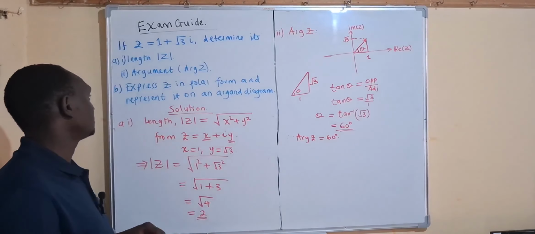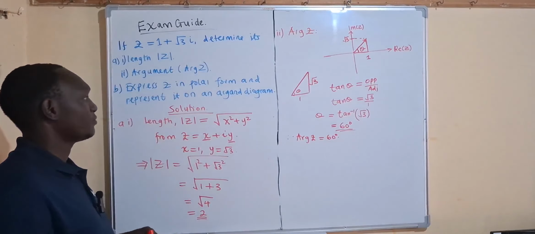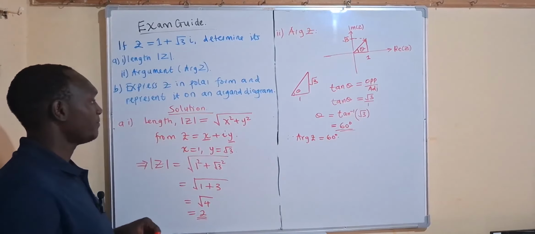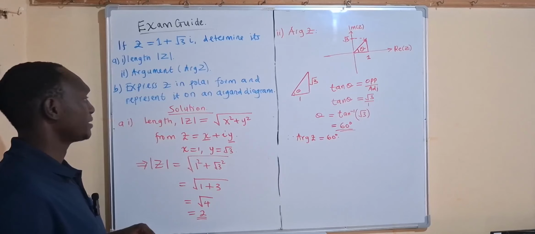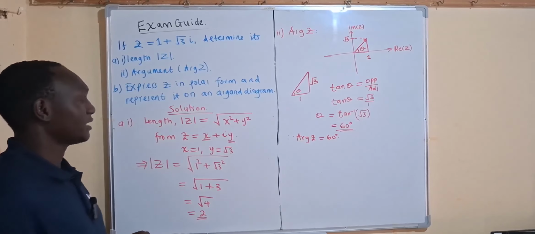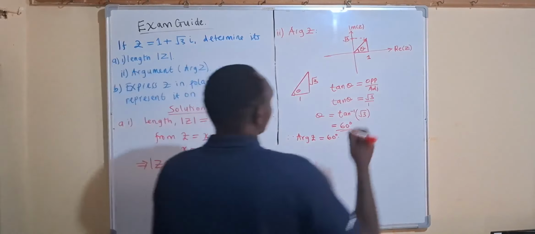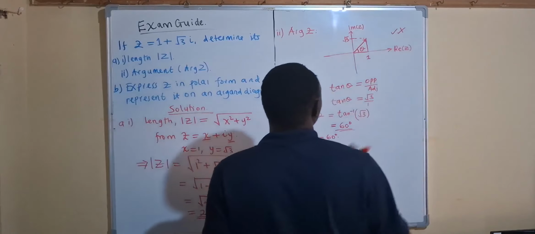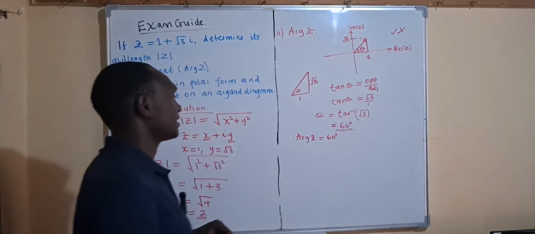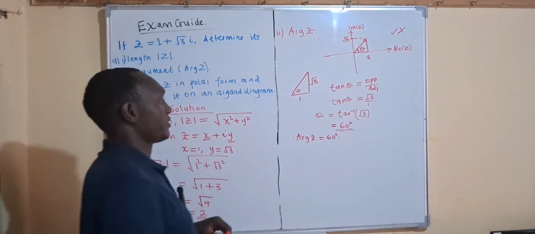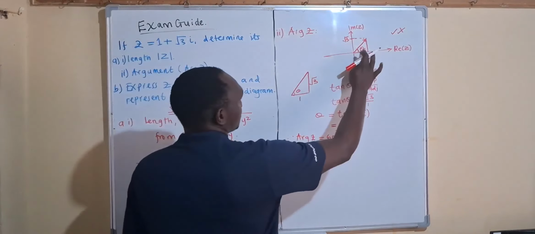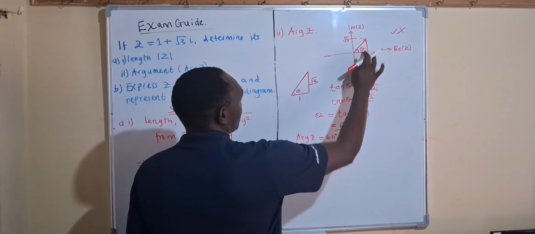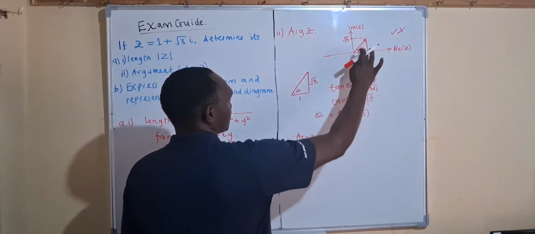Part B says express the complex number z in polar form and represent it on the Argand diagram. We shall not repeat this, but this is the representation of the complex number on the Argand diagram. What we just need to substitute here is theta, which we have obtained as 60 degrees.